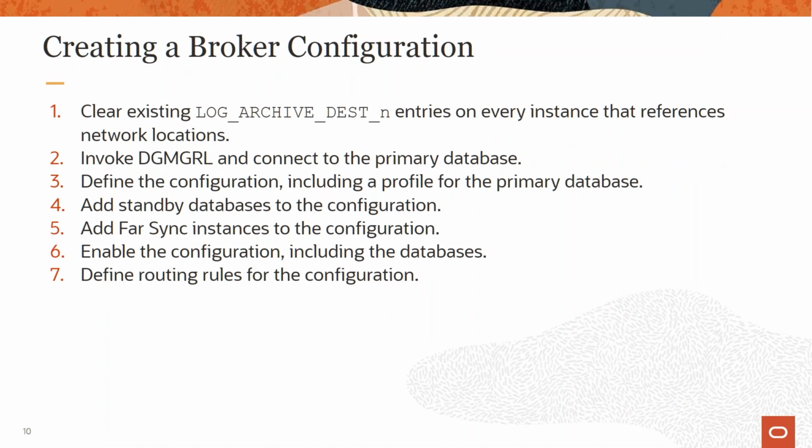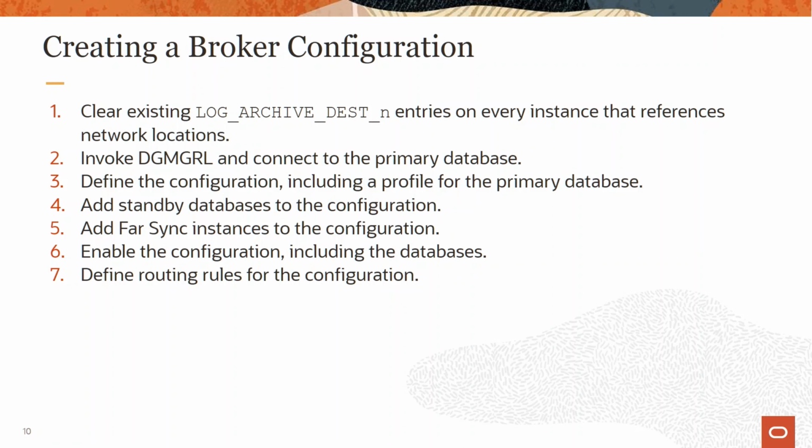Now let's take a look at how to create a broker configuration. In order to manage the primary database and standby databases using Data Guard Broker, you must create a Data Guard Broker configuration.